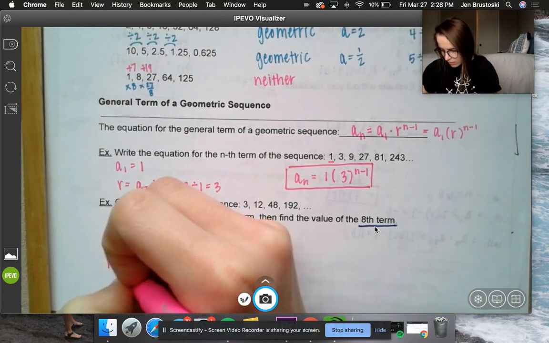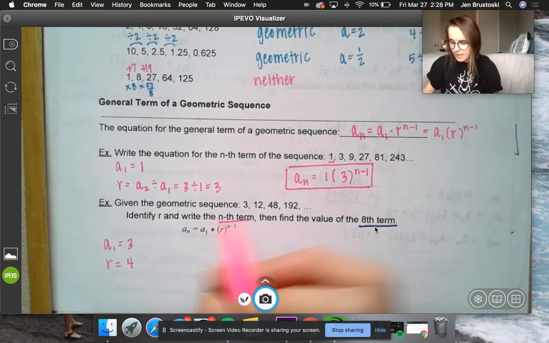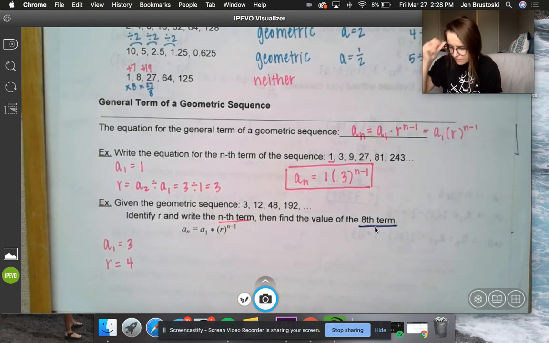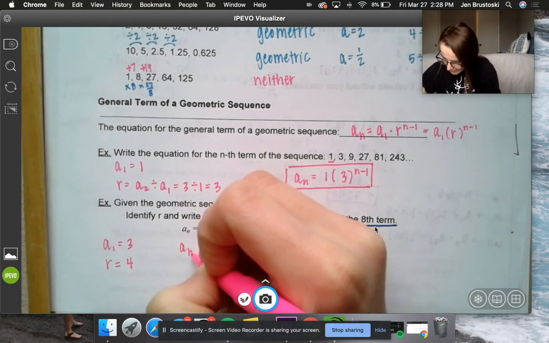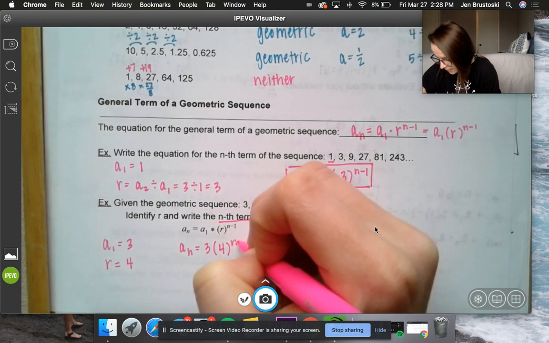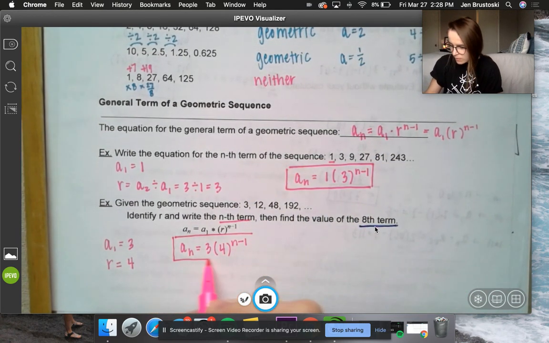And I need my r, which is 4, because we're multiplying by 4 each time. And this time it gives us the geometric sequence, so we don't have to guess on that. Then I plug in, so I get a sub n equals 3 times 4 to the n minus 1. So we are done with part 1 of that problem.